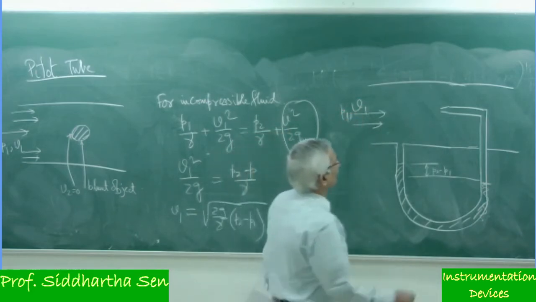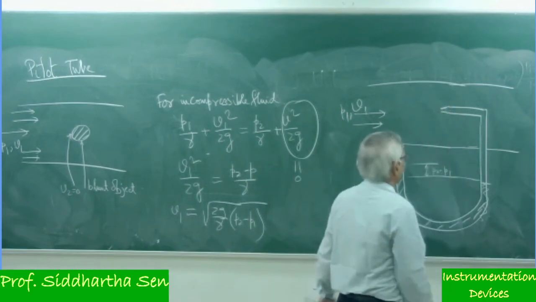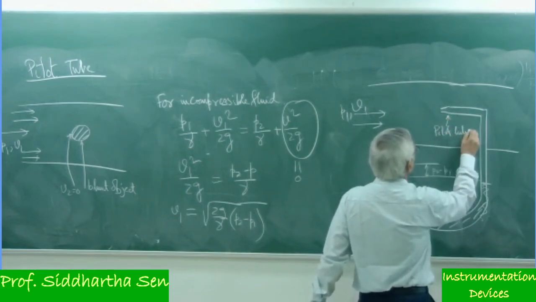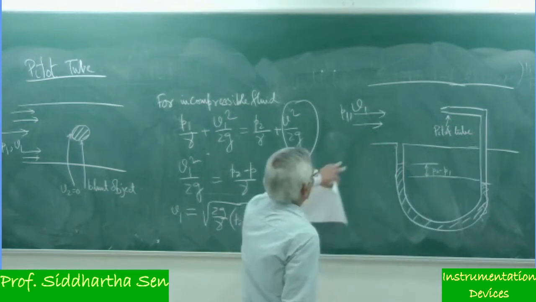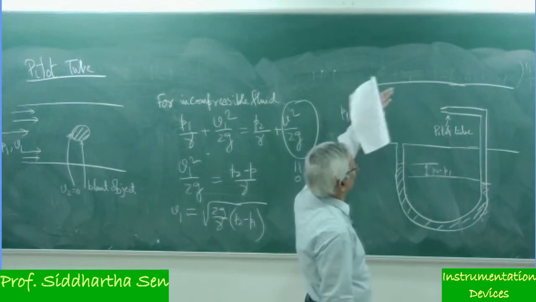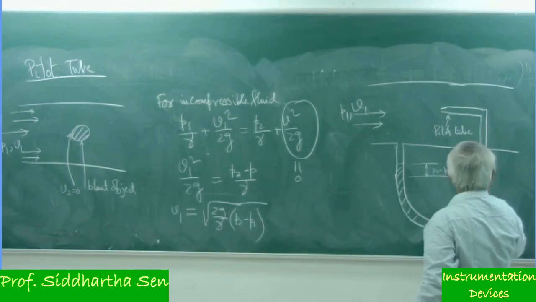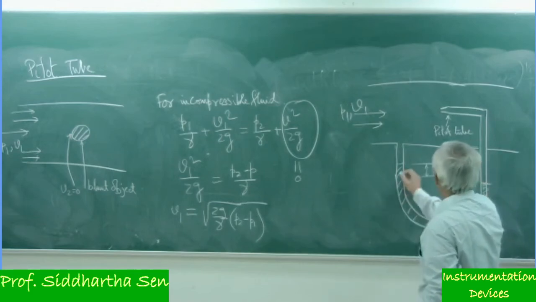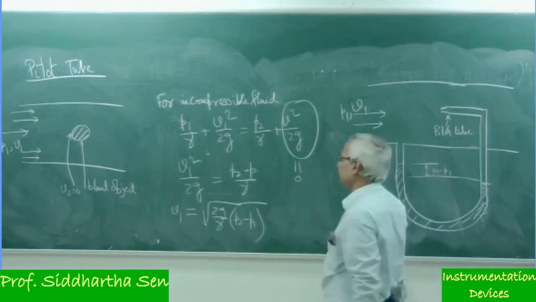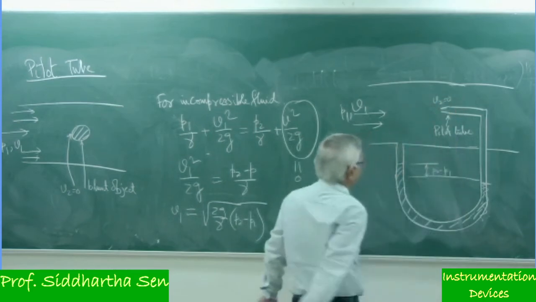This is your Pitot tube. This outer wall may not be in that form, because in an aeroplane it is exposed like this. But I have put a tube, and the other end of the tube is connected to a manometer liquid, so that there is no flow. So in this case we are putting V2 equal to 0.